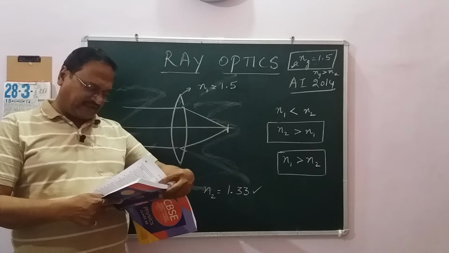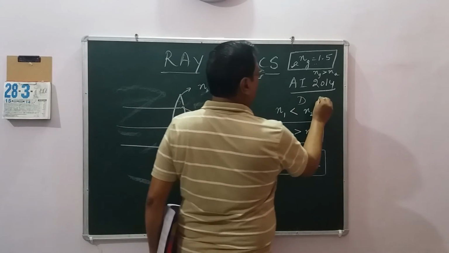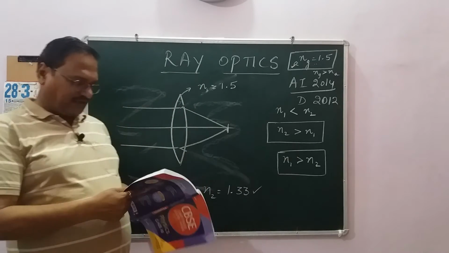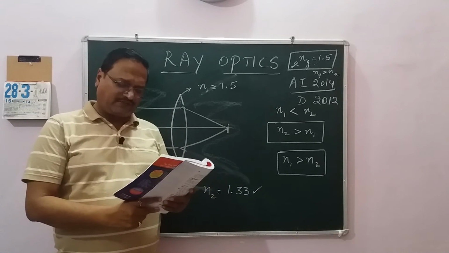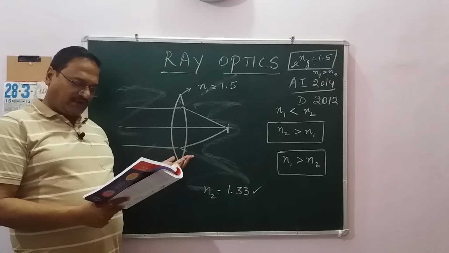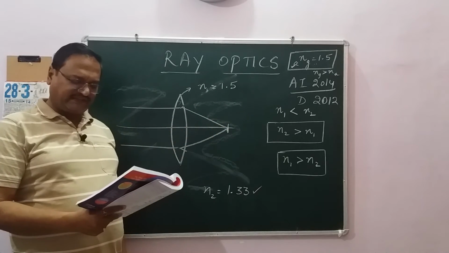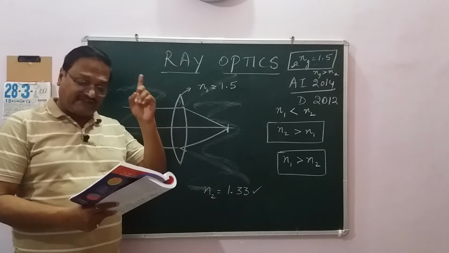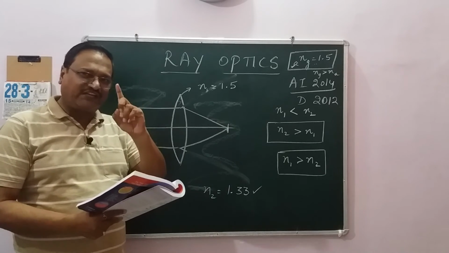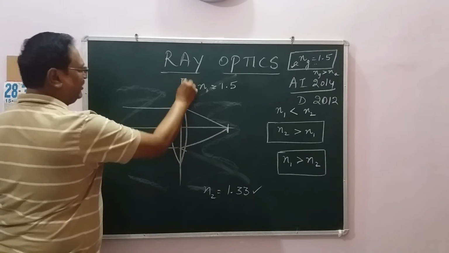This is from Delhi, the 2012 paper. Under what condition does a biconvex lens of glass having a certain refractive index act as a plain glass sheet when immersed in a liquid? It should behave like a plain glass sheet.